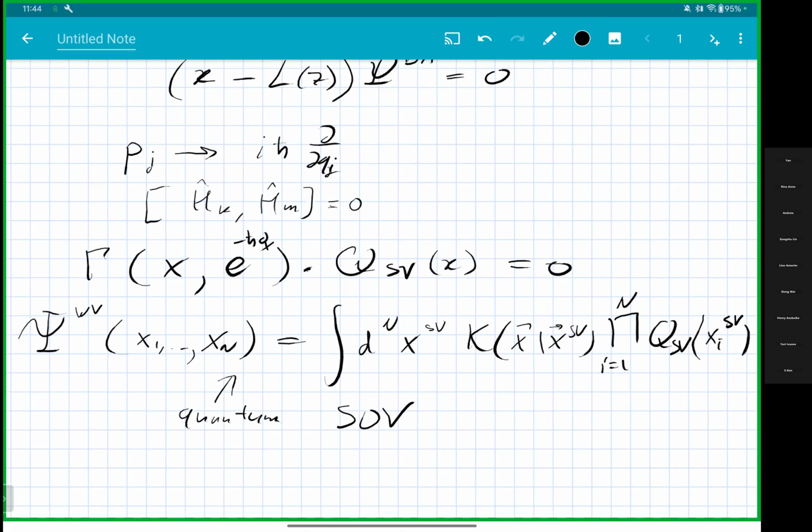This is something every mathematician would do, but now the non-trivial claim is that there is another set of variables, which he called x_SV, different from the original variables x1, ..., xn, such that your wave function psi is an integral transform of something else. And this something else is also a solution of, in this case, a difference equation.